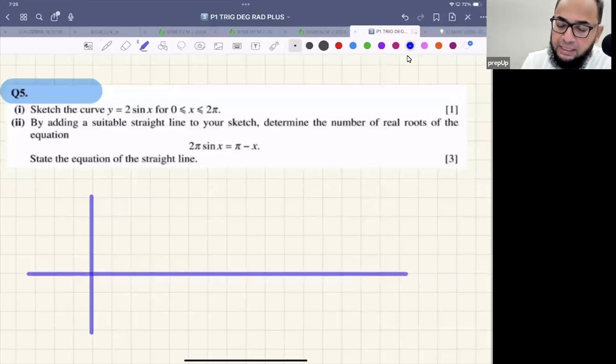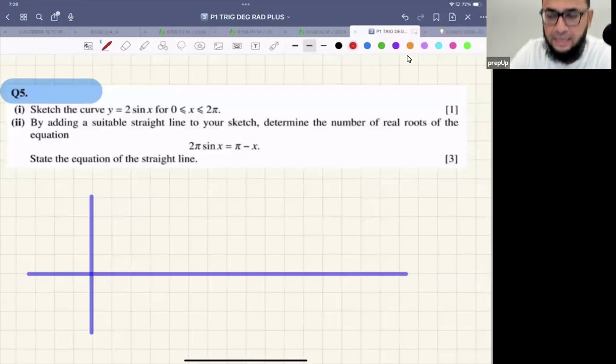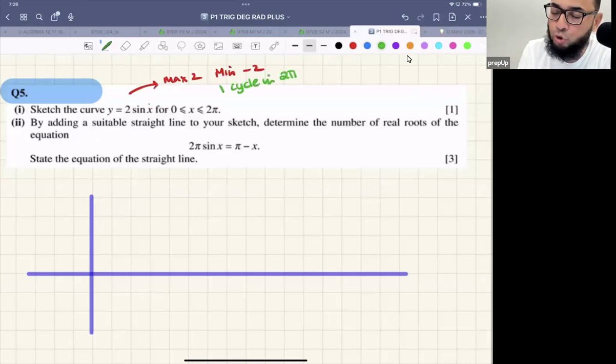And for 2 sine x, what are the main points that we should be aware of? The maximum value is 2 and the minimum value is negative 2. The coefficient of x is simply 1. So therefore there is 1 cycle in 360 degrees or 2 pi radians.